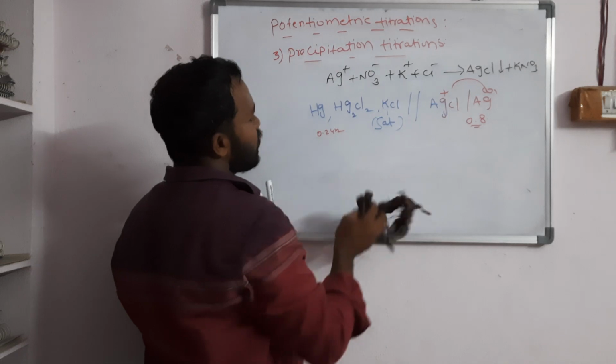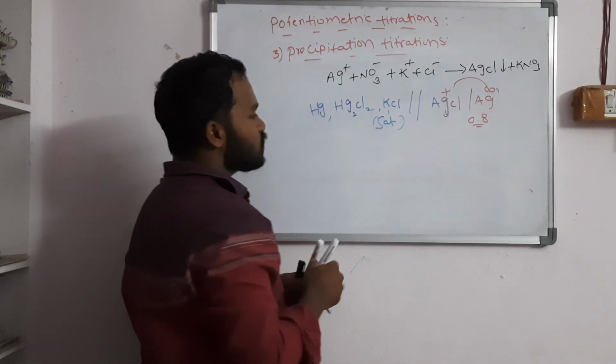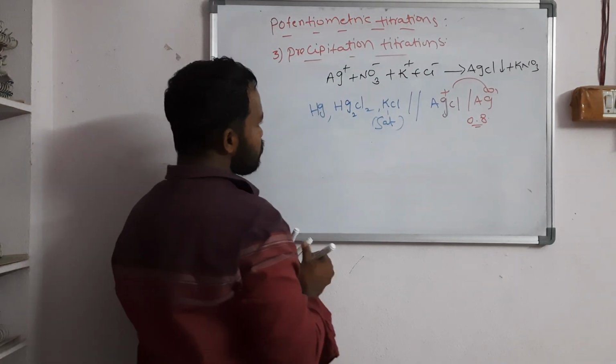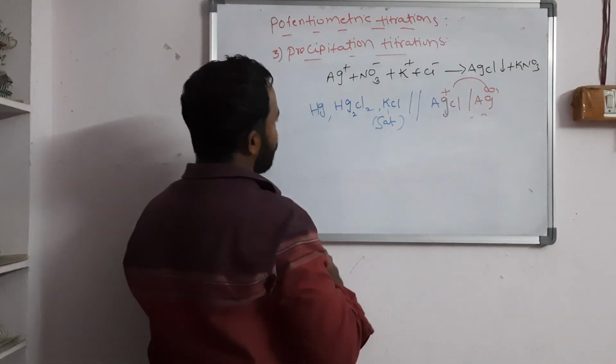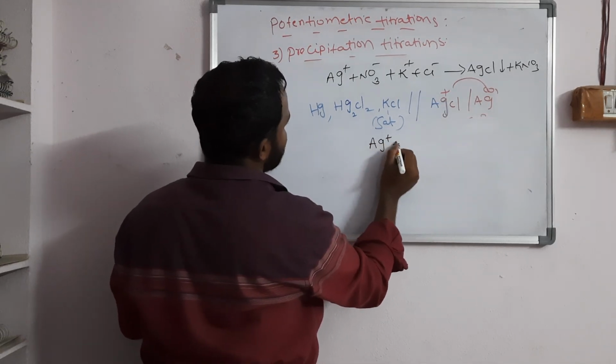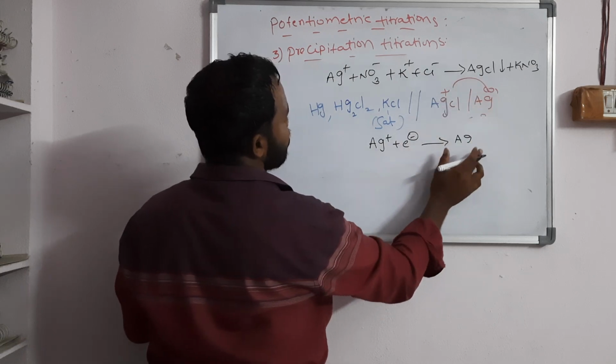Hence the left side undergoes oxidation. So now you should write the cell. That means silver plus, by gain of 1 electron, is converted into silver.